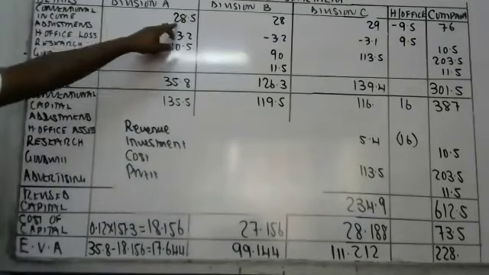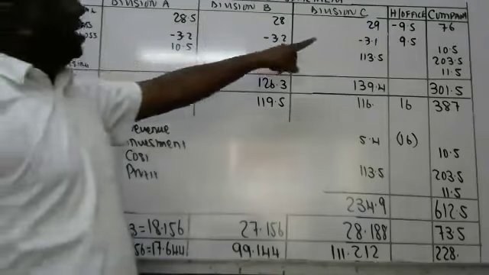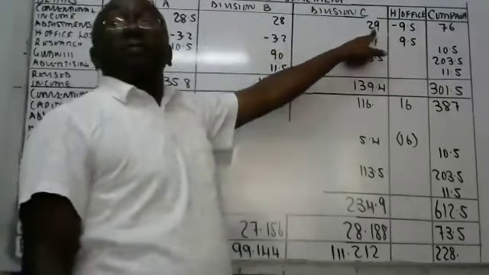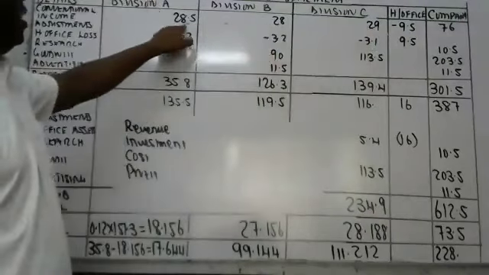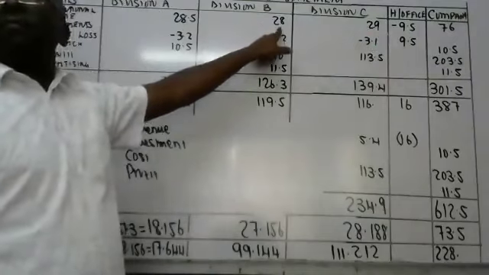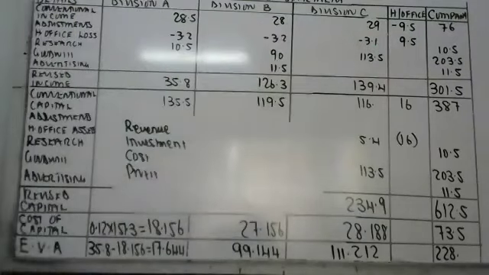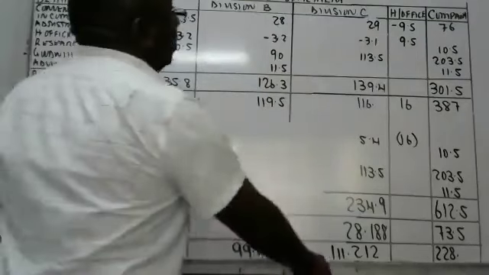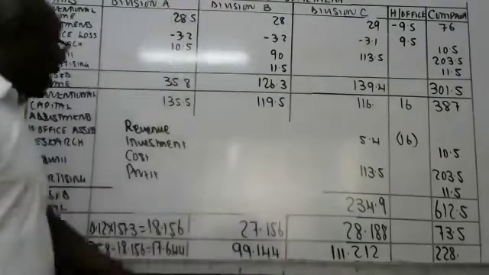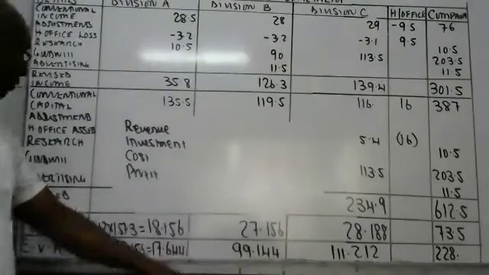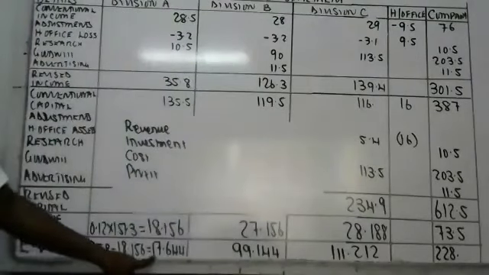So ukitumia hii, the manager who will be declared the manager of the year is this one, followed by this one. This will be manager 3. But when you use EVA, manager number 1 will be C, followed by B, followed by C. Sorry, followed by E.